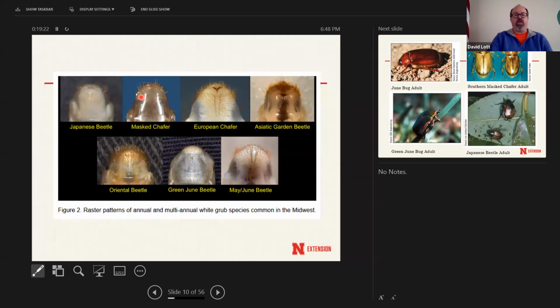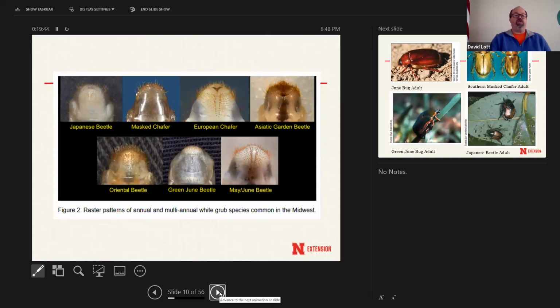Your masked Chafer has a dark abdomen on the rear end, and the rasters don't look as fine. So who thought you would ever look at the rear end of a grub to find out what it is? This is an easy way to identify.